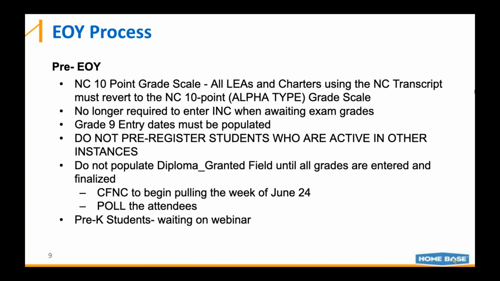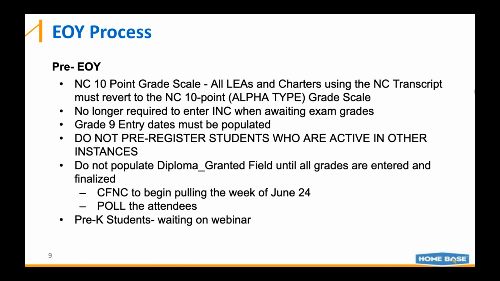As soon as you put a date in there, CFNC assumes that that student is finished, and it pulls the transcript and starts sending it. What we've seen is we're delivering incomplete transcripts to the colleges because there are grades that are missing or changes that are made after the fact. So for this year, we've asked CFNC to not begin pulling transcripts until the week of the 24th of June. And that may be July. No, that's June.